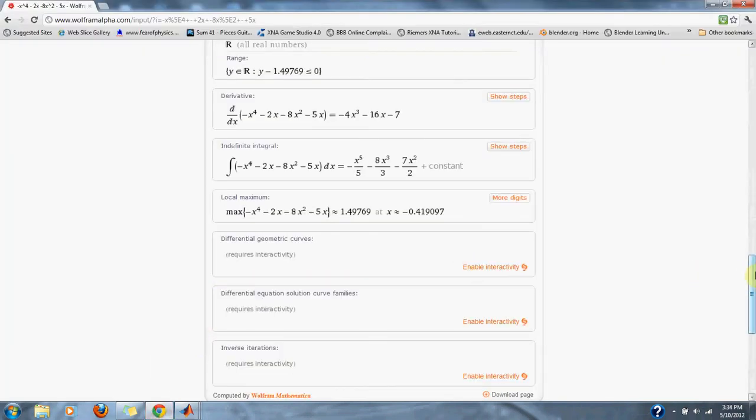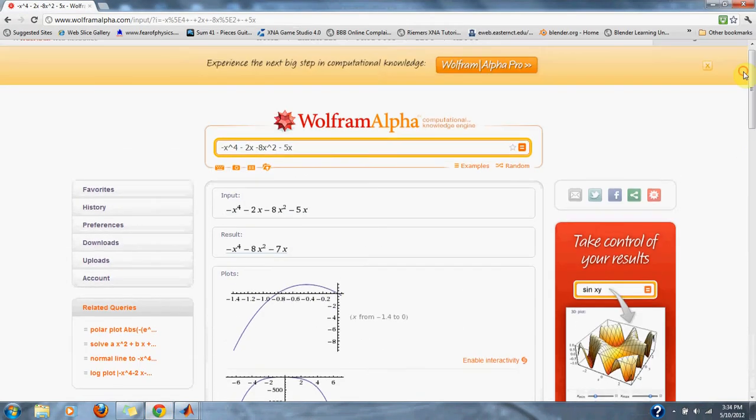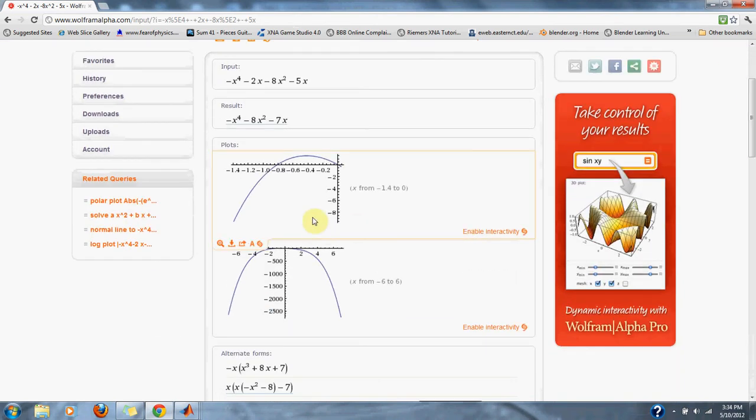Let's go to Wolfram Alpha. We typed in our same equation here. We got the same plot here.